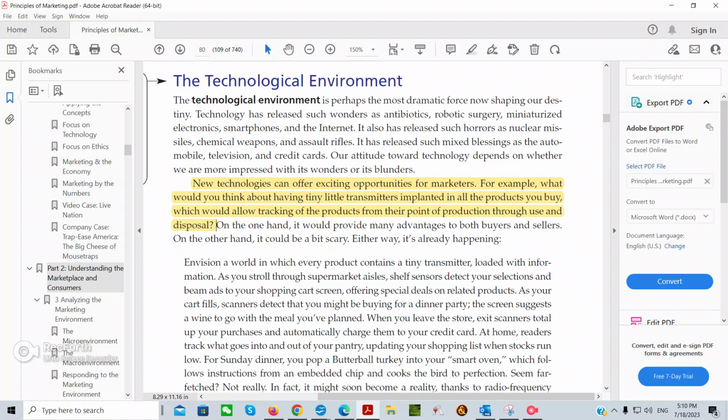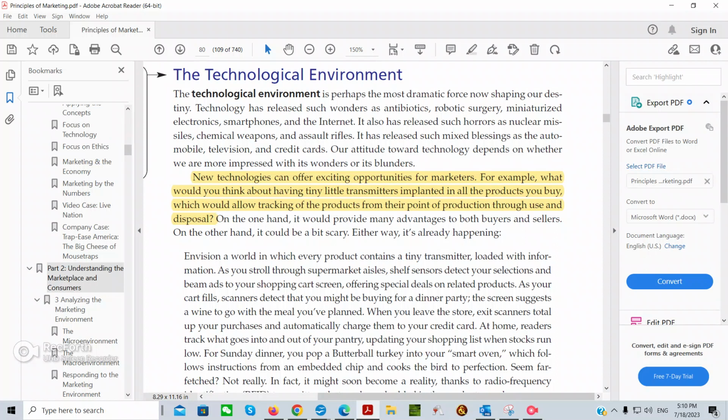That's basically what's called testing the market. When you test out the market, you can see how consumers respond to a new product, feature, or offering. On one hand, it would provide many advantages to both buyers and sellers. On the other hand, it could be a bit scary. Either way, it's already happening.